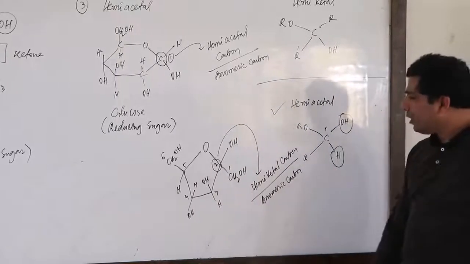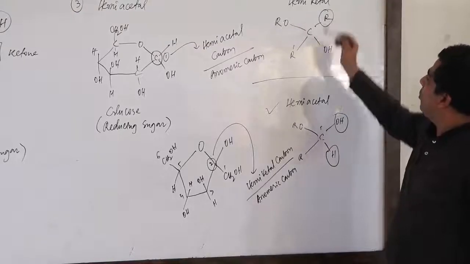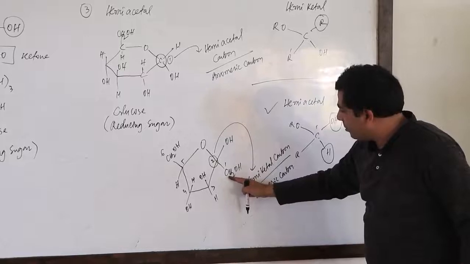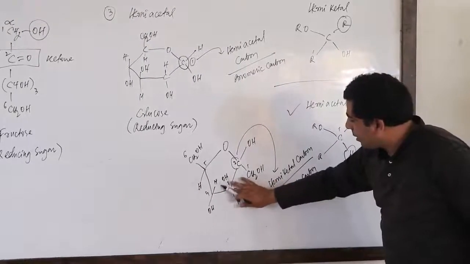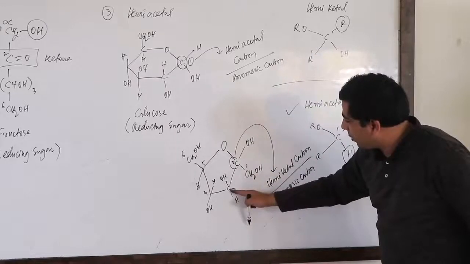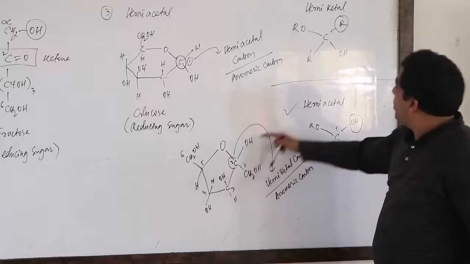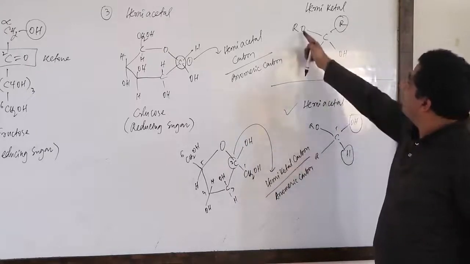Correct? So look here. For a hemiketal carbon, you should have R groups. 2 R groups should be there. So this is one R group here for this carbon. Second carbon, this is R group. This side also one more carbon is here. This is R group. So R and R we have. On the other side we should have OH and another group should be OR.